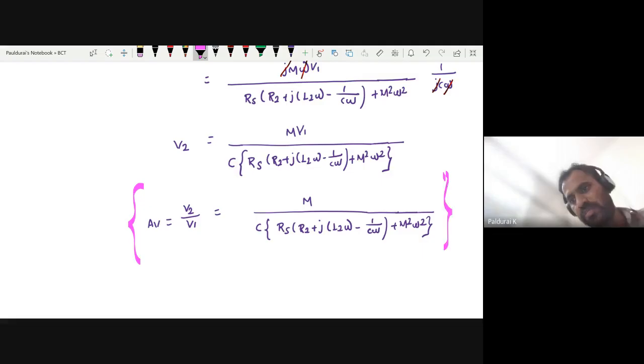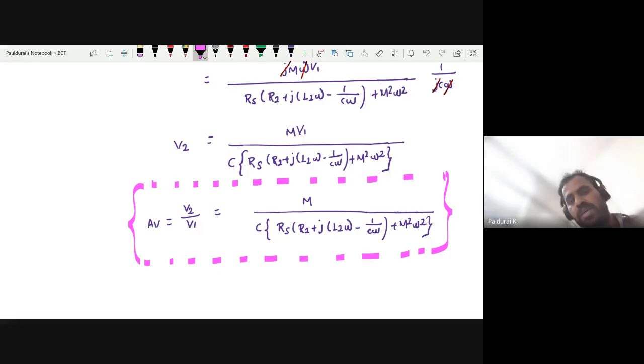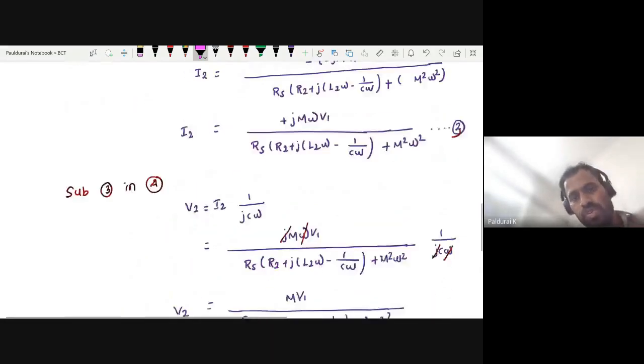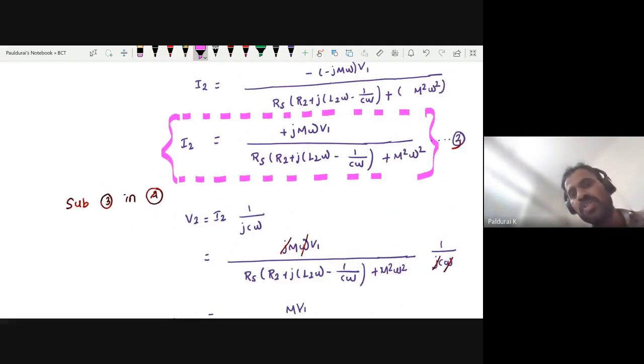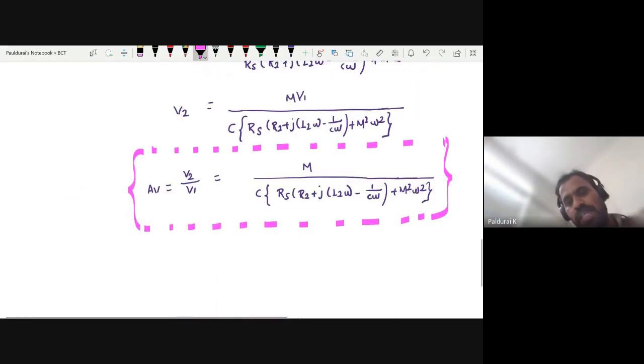It's very important. So two things. We are going to solve the final problem by using these formulas. That is important. First, you want to know what is your I2. Equation number 3 is important. There may be a chance of asking the current which is flowing through the tuned circuit, nothing but coil 2, loop 2, that is I2, and the maximum voltage gain.